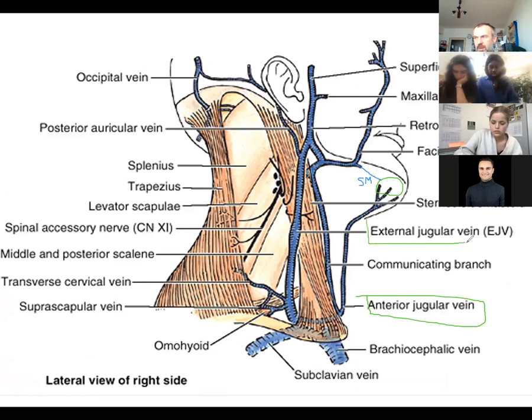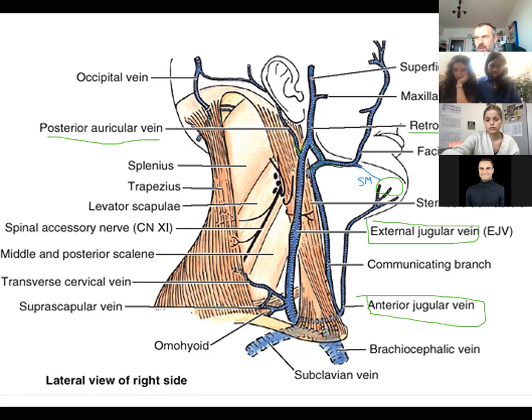So the external jugular is here. And I said the external jugular originates from the posterior auricular and the posterior division of the retromandibular, as you can see here. The anterior division is then merged with the facial vein and forms the deep facial vein.